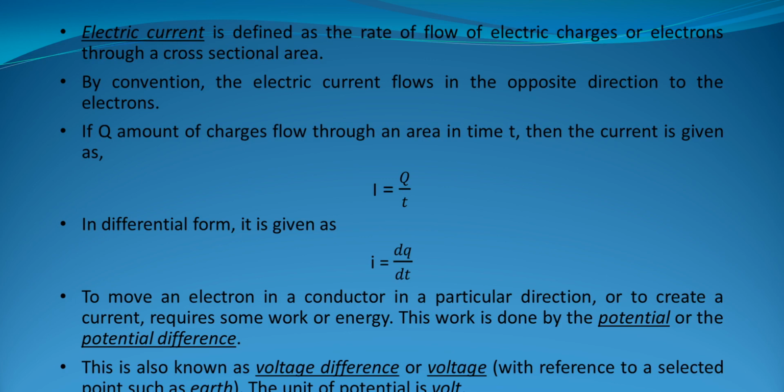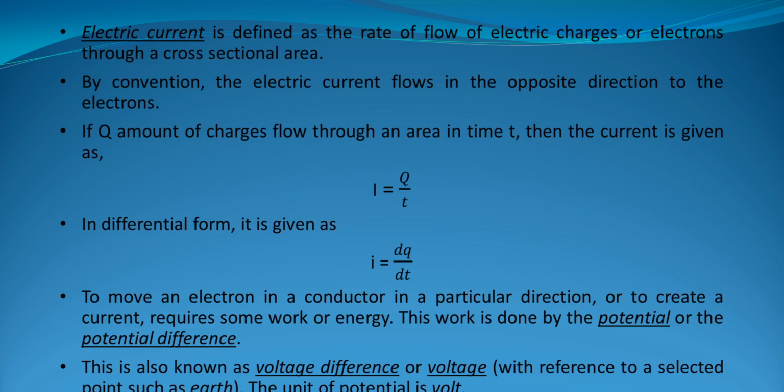You can also say potential means voltage, and another name for potential is voltage, which you must have heard a number of times, and the potential difference can also be called the voltage difference. So these are just synonyms for each other, voltage and potential, and then comes voltage difference or potential difference. These are one and the same thing.